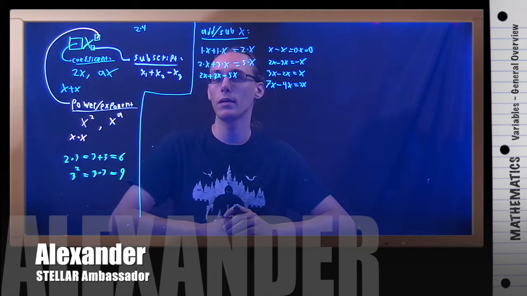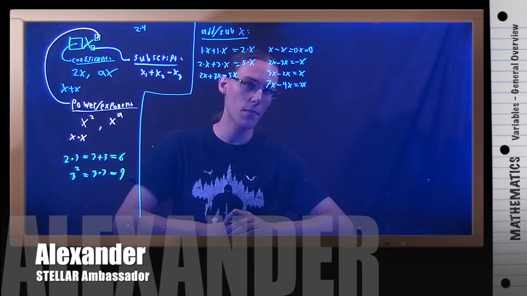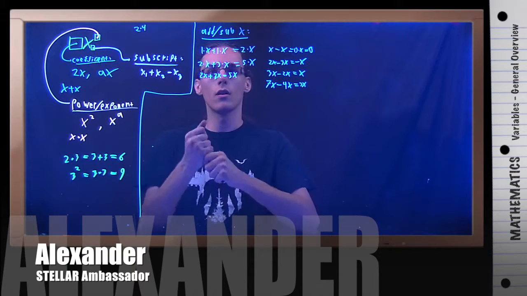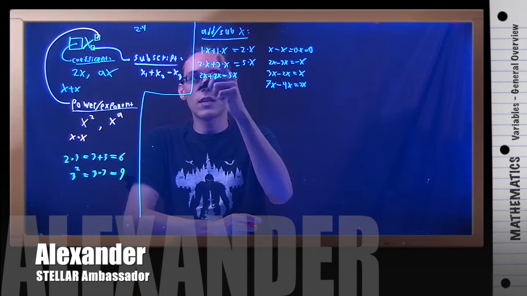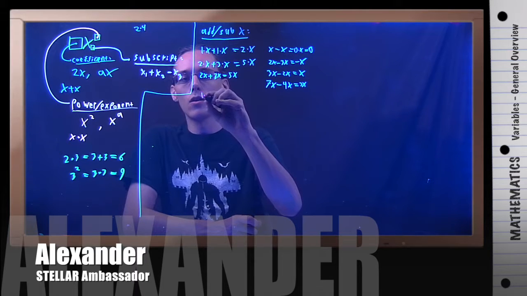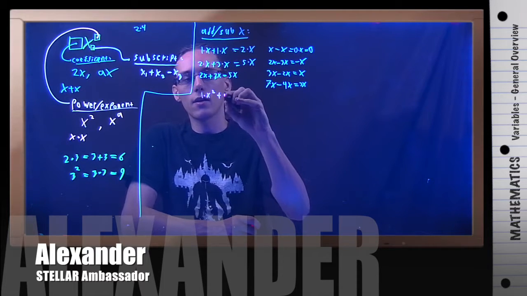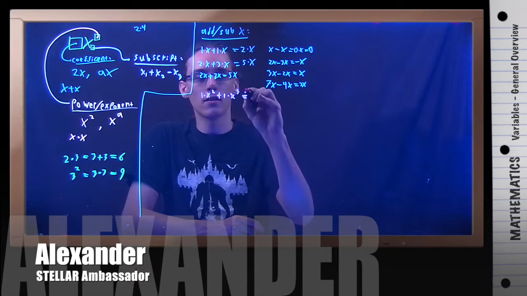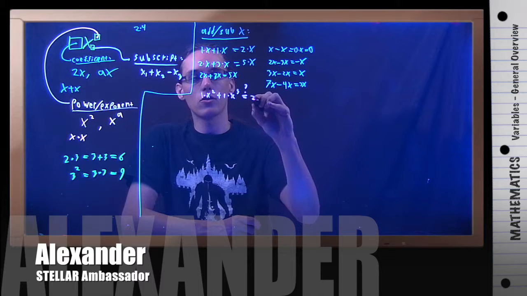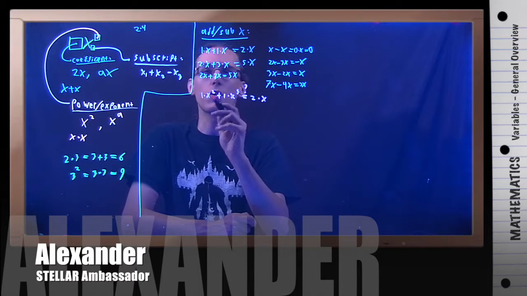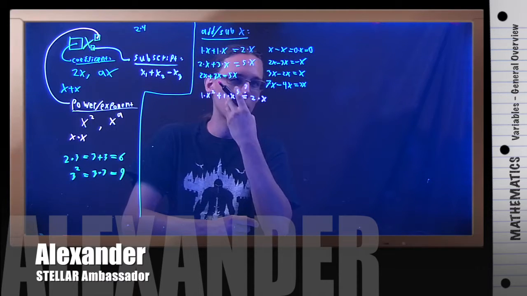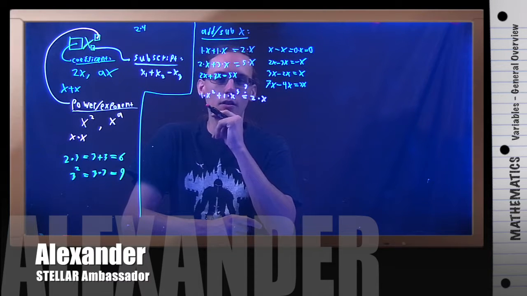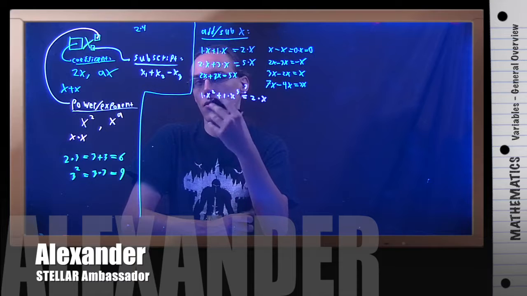Now, I mentioned they have to be like terms. What I mean by that is, say if you had different powers. What if instead of 1 times x plus 1 times x, what if I had 1 times x squared plus 1 times x cubed? Could I just write this as 2 times x to the, wait a minute, which power do I use? So that would be the first problem if I wanted to do that. To understand this, let's look at what if x was, say, 3.